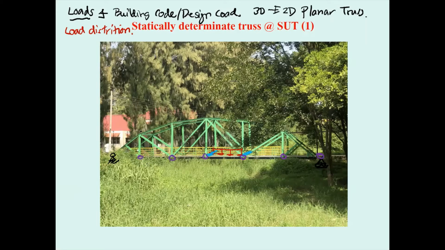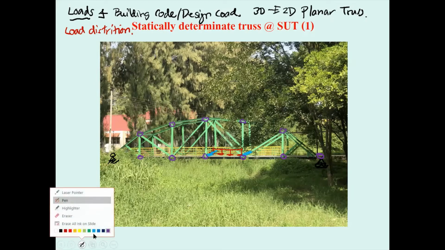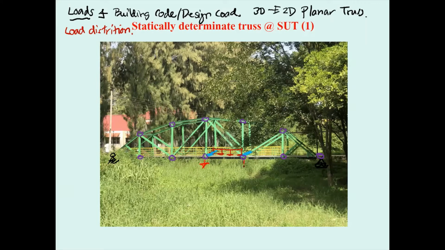Okay, and then the load for the truss will be applied to the bottom joints, and you may assume or compute it, for example, to be 10 kilonewtons, 10 kilonewtons, 10 kilonewtons, 10 kilonewtons, and then this one 10 kilonewtons, and then the load applied here should be only half of that.